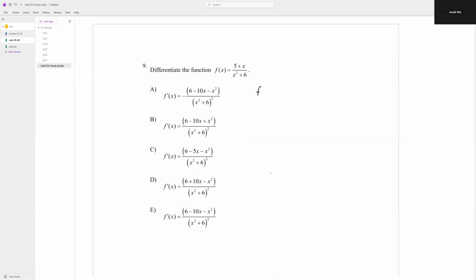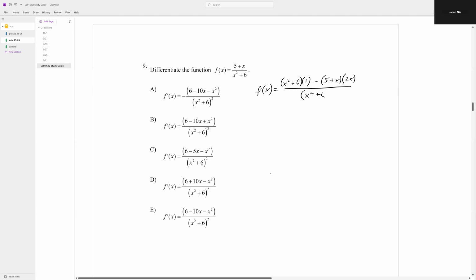So that tells us that f prime of x is equal to low d high, low times the derivative of the top, which is just 0 plus 1, right? So that's going to be multiplied by 1 minus high times the derivative of the bottom, which is 2x. 2x plus 0, all over low squared.